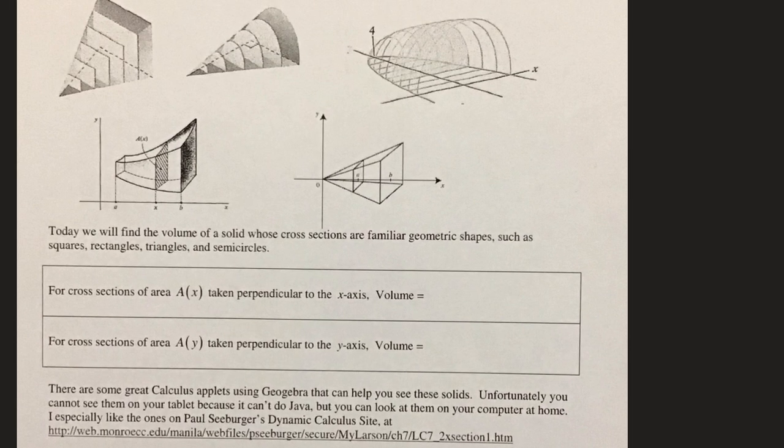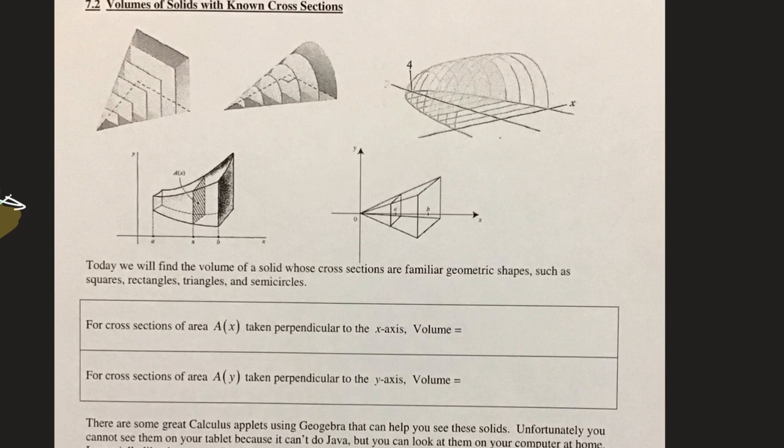Okay, so the math says, right? So these are all examples. This is an example of, looks like a square base, right? We have a triangular area at the bottom, and we want square cross sections. This one we have a triangular base, and we have semicircular cross sections. So all of your slices, if this were, is it cake? Okay, so if we had this and you chopped the cake, every one of your slices would be a semicircle.